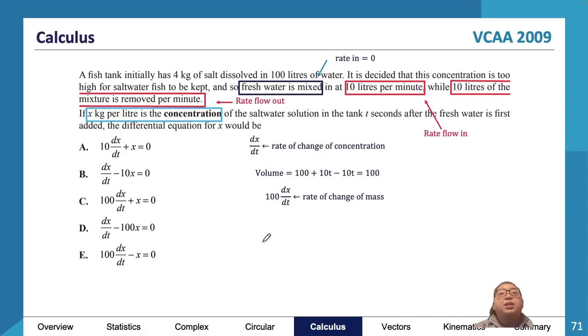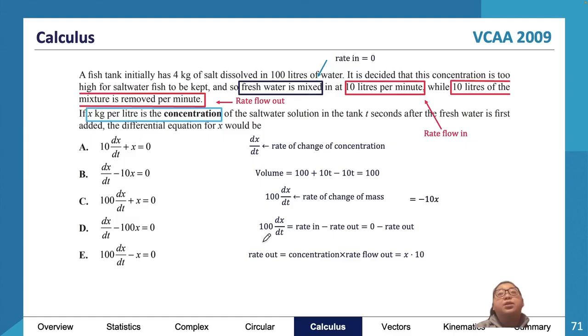So 100 dx/dt will equal rate in minus rate out, and that will be 0 minus rate out. Our rate out will equal concentration times outflow rate, which is just x times 10, because x was our concentration.